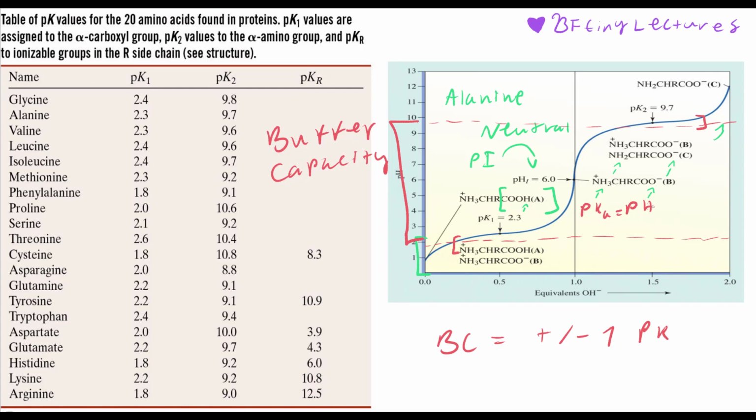For tyrosine, we said that it was 5.65. Well, that must mean that the pKa is also 5.65. In fact, the pKa is always going to be equal to the pH whenever you have a mixture of half acids and half bases, okay?